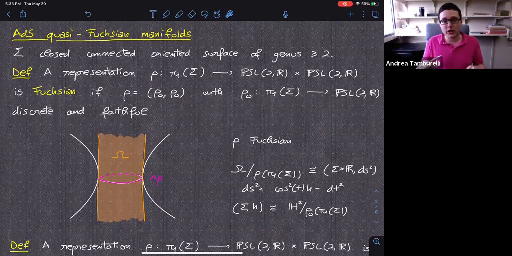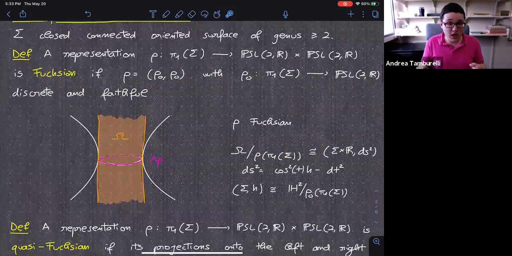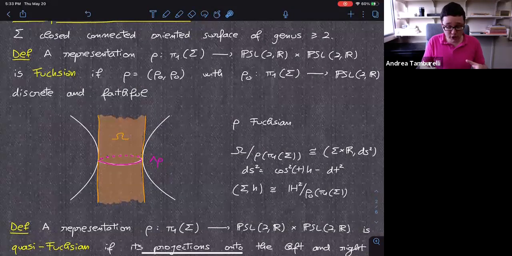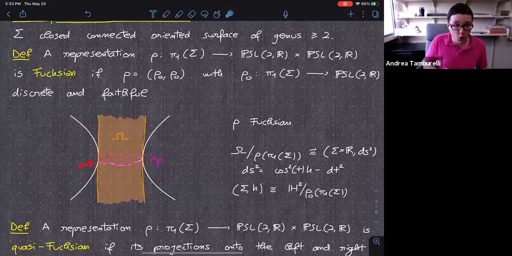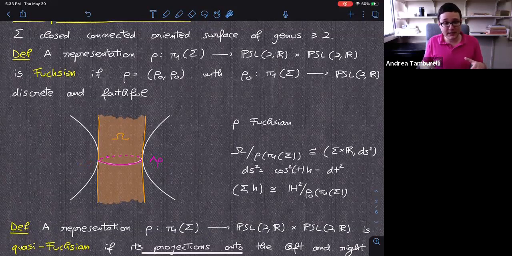So this means that you are considering the same holonomy of a hyperbolic structure, and you are embedding it inside PSL2R cross PSL2R in a diagonal way. So we saw that these subgroups will preserve the totally geodesic copy of H2 inside anti-de Sitter space.